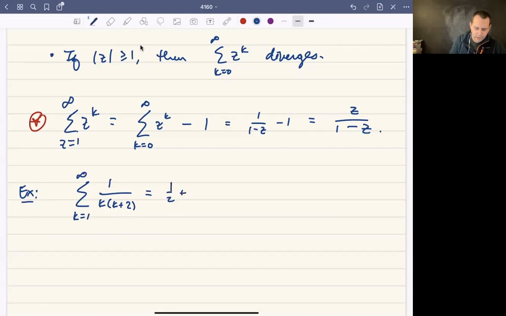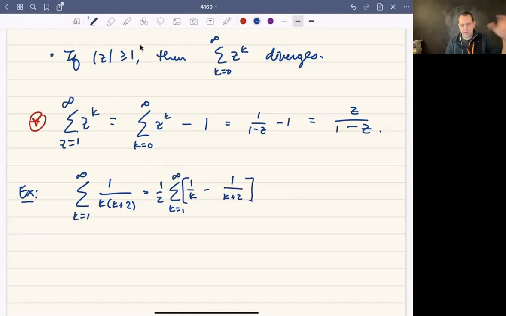Let's do partial fraction decomposition, because otherwise it'll be a little bit mysterious. This is going to be 1/2 times the sum of 1 over k minus the quantity 1 over k plus 2. So let's make sure I did that right. If you combine these, you get k plus 2 minus k divided by the product of the denominator. So that's 2, hence the 1/2 in front. So that's perfect.